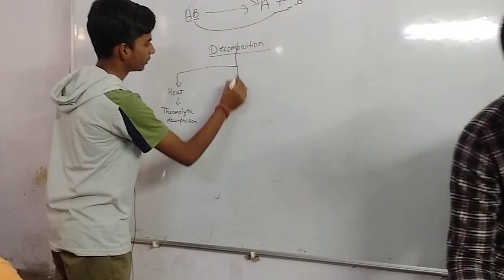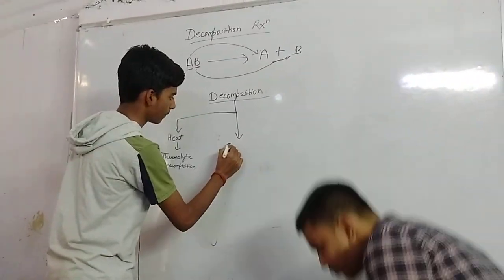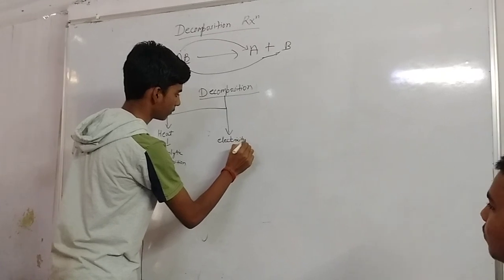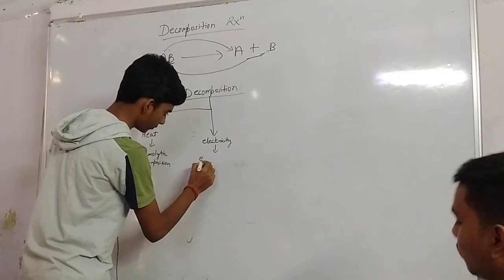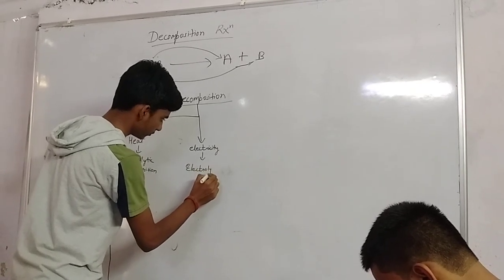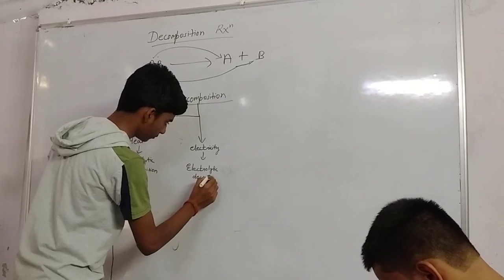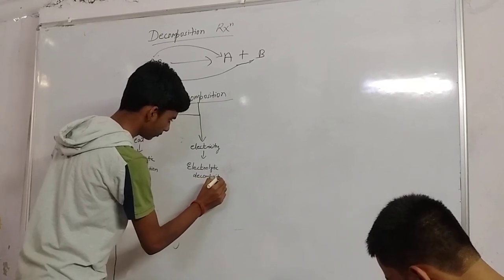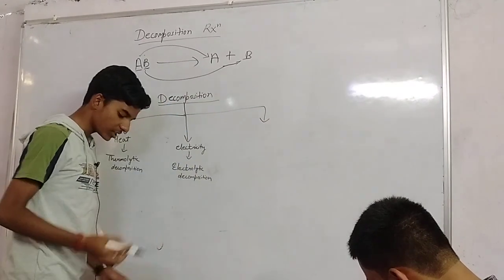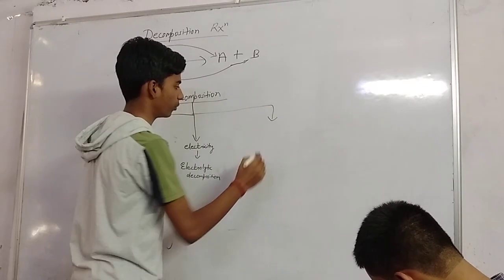Second type is when we provide energy in the form of electricity. Then it is called electrolytic decomposition. Third type, when we provide energy in the form of light or sunlight, then it is called photolytic decomposition.